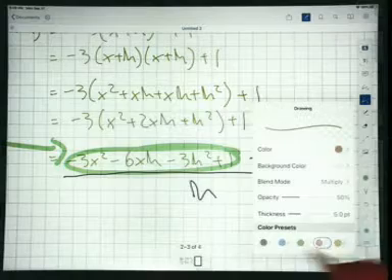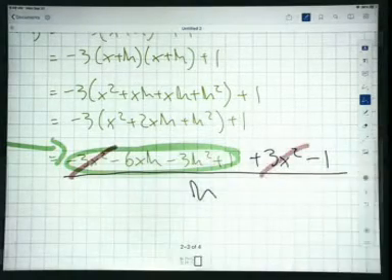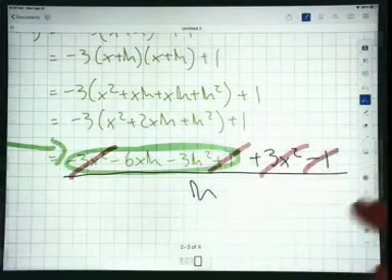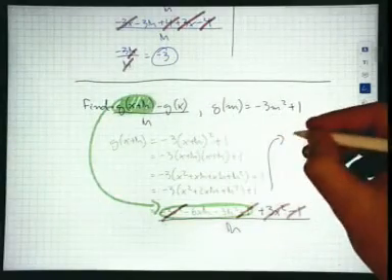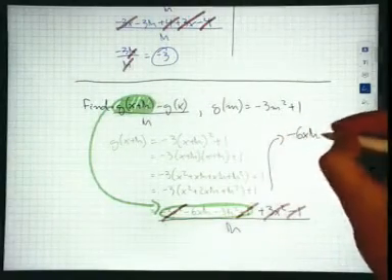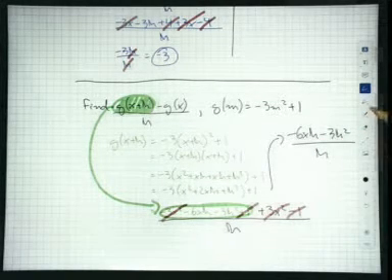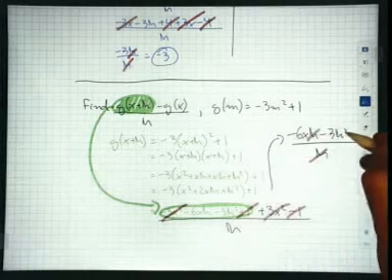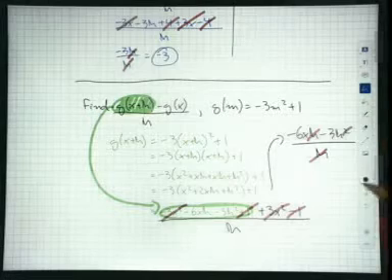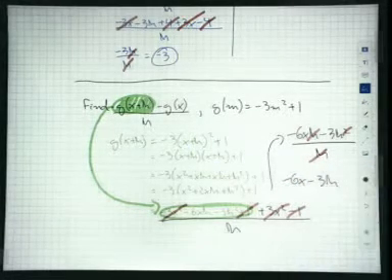We're not going to have time to finish this, but we'll see what cancels out. The 3x squareds cancel out, the 1's cancel out, and we're left with negative 6xh minus 3h squared all over h. Then you can cancel out the h's, leaving you with negative 6x minus 3h.